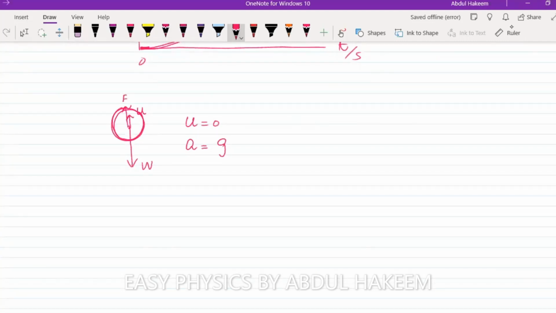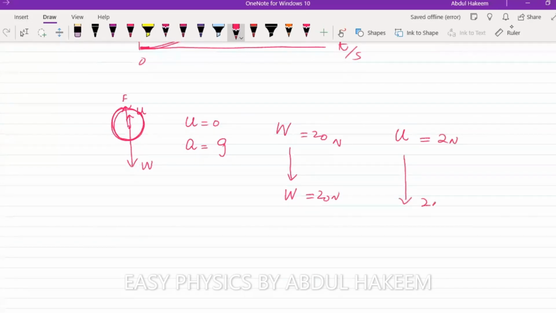Initially, suppose the weight is 20 Newton. Throughout the fall, it remains 20 Newton. Thrust, which is the force due to pressure difference, acts upward from high pressure to low pressure. Suppose initially the upthrust is 2 Newton. Throughout the fall, it remains 2 Newton.